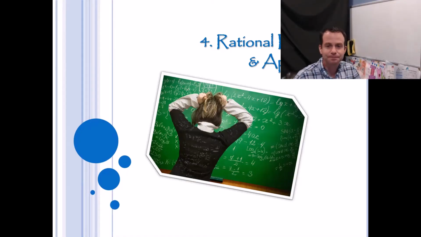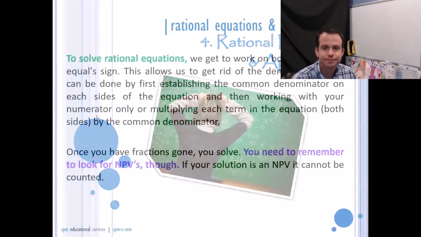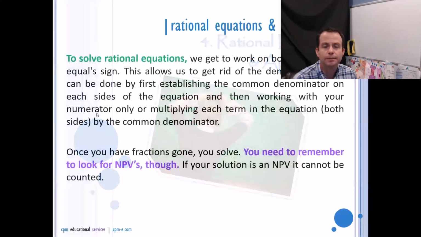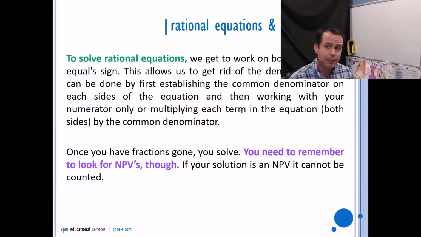So to solve rational equations, we get to work on both sides of the equal sign. This allows us to get rid of the denominator. Now, be careful with that, because this is always the trap we fall into: we work with equations and we start getting used to just making denominators disappear. You can only do that if you have an equation, because you get to work on both sides of the equal sign.